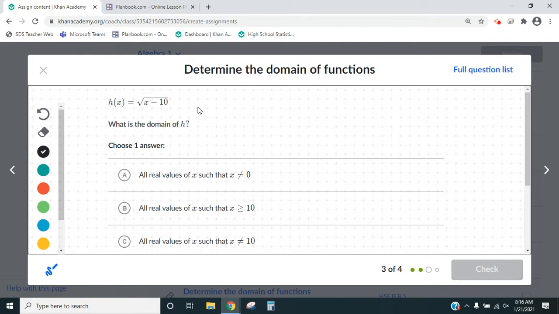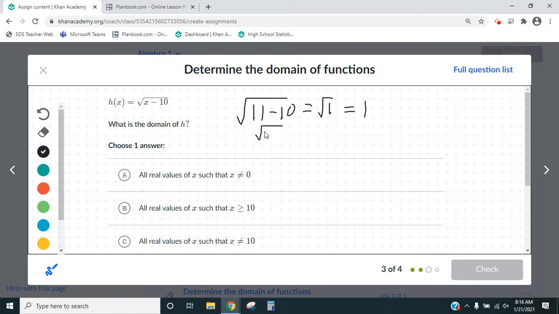So when would this thing start to turn negative? Would it be when x is 0? No. Well, that's true, but that doesn't account for every possibility. So here's what I mean. If I plug in, say, 11, and I do 11 minus 10, I get the square root of 1, which is 1, right?